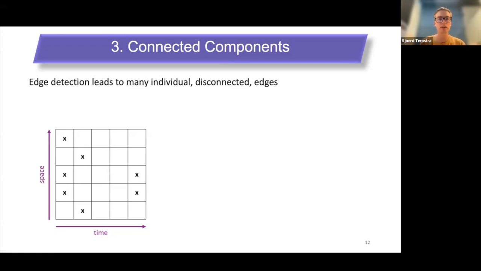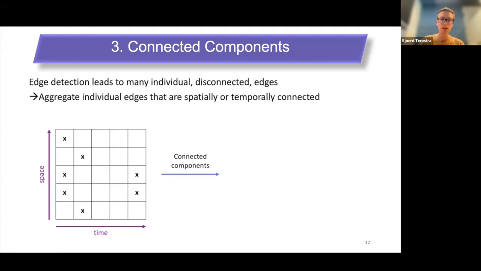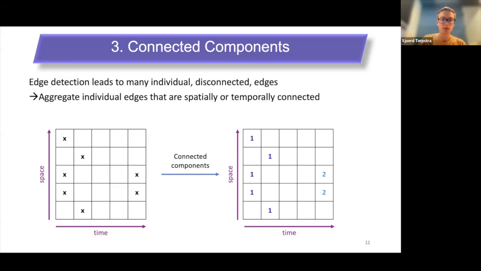So to fix that, we use some type of connected components algorithm to aggregate all these edges together. And we do that by looking at abrupt shifts that were found next to each other, either in space or in time. So in this example, you get 2 regions, region 1 and region 2.